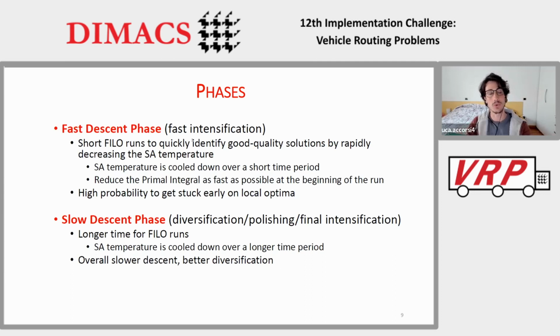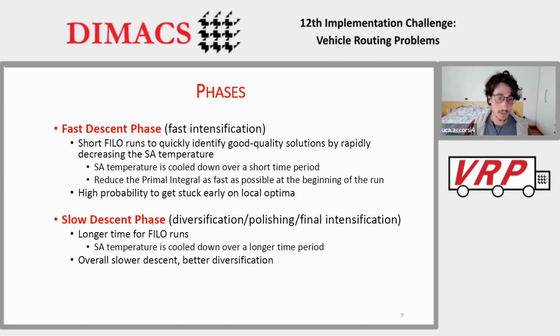Since we have fixed the simulated annealing initial and final temperature, if you are reducing the time, the effect is a faster descent, which of course is quite likely to get stuck on local optima earlier because we are not diversifying enough. However, our idea was to perform this fast phase to reduce the primal integral at the beginning of the run as fast as possible and to gain some advantage with respect to the other competitors.